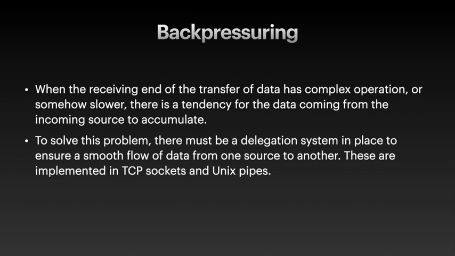So if these operations are complex or slower, then the data coming from the incoming source will accumulate, which is a problem. In order to solve this, you have to have a delegation system that ensures a smooth flow of data from one source to the other. Obviously, these are implemented in Node.js, in TCP sockets and Unix pipes. We are going to explore them later on, but for now, these were theoretical concepts.